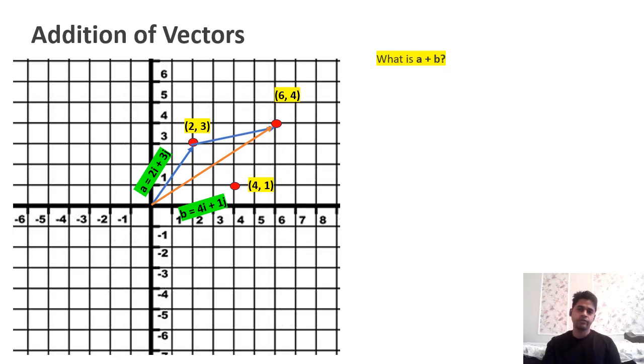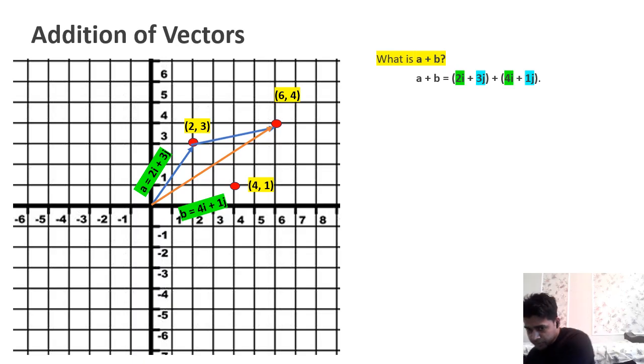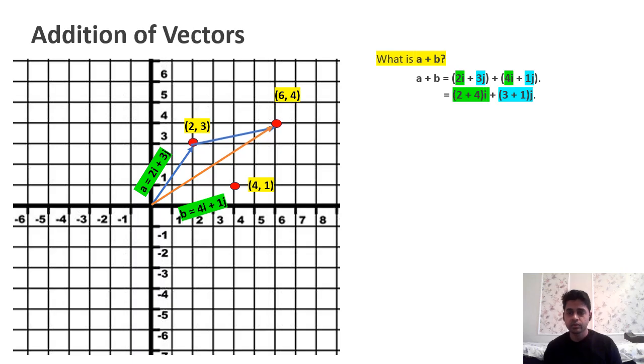If I add vector a plus vector b, I have to take vector a and vector b together, and we have to take the like terms, the green ones. These 2i and 4j which are in the green part, these two are like terms, and we can add them together.